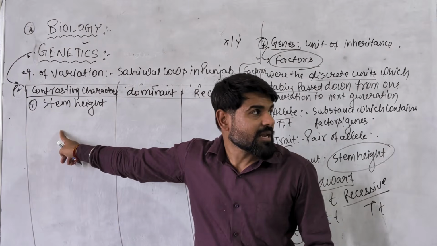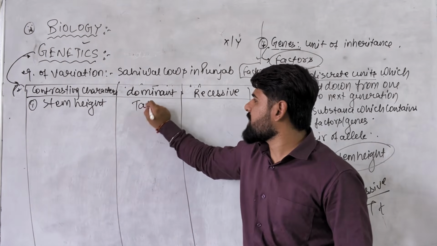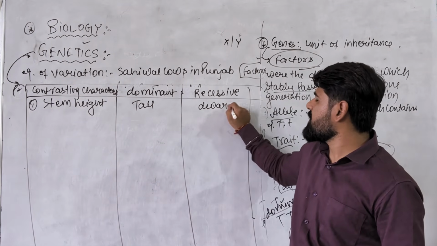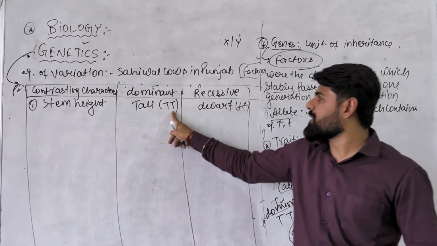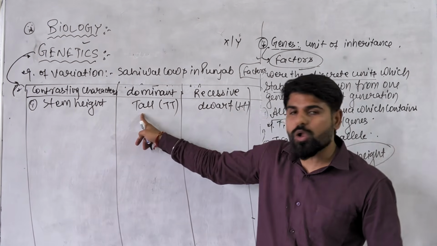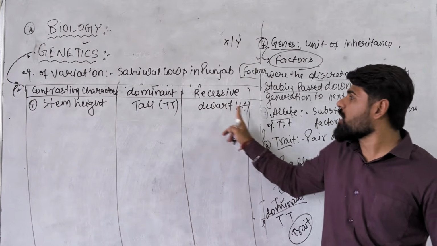If the contrasting character is stem height, then the dominant character is tall, while recessive character is dwarf. Therefore, capital T is the trait for tall. Small t is a trait for dwarf.